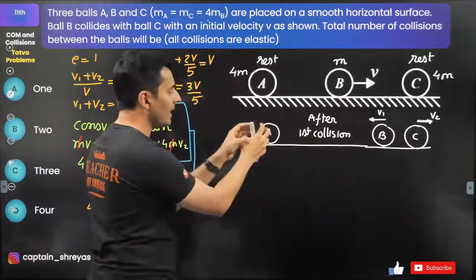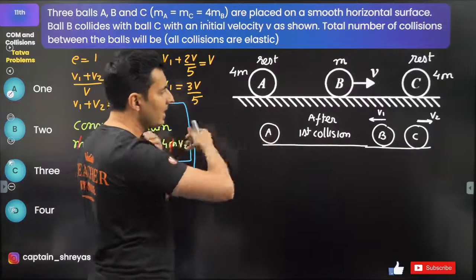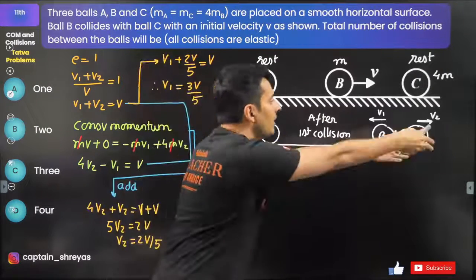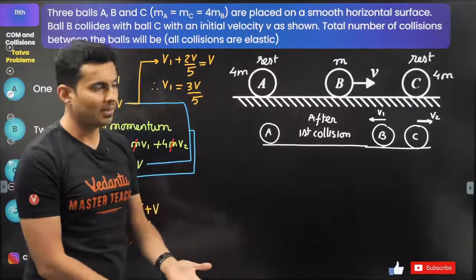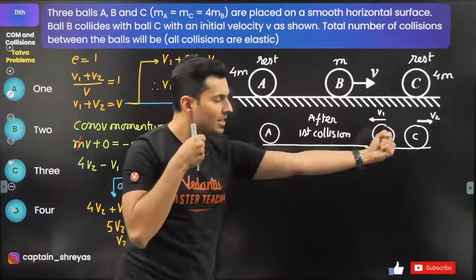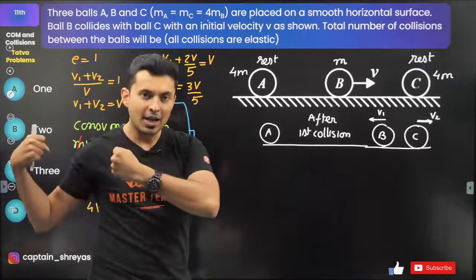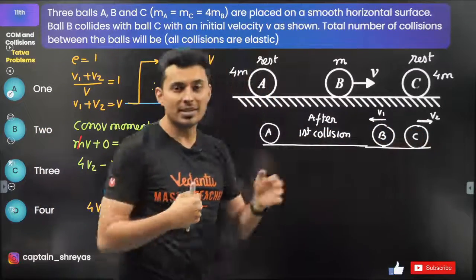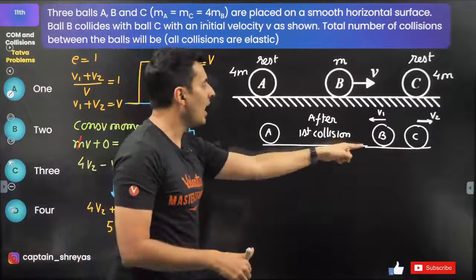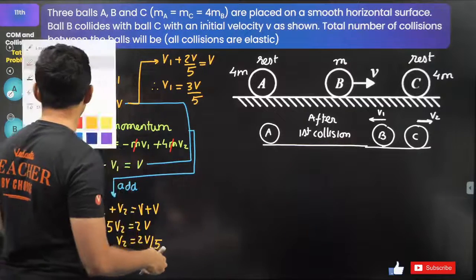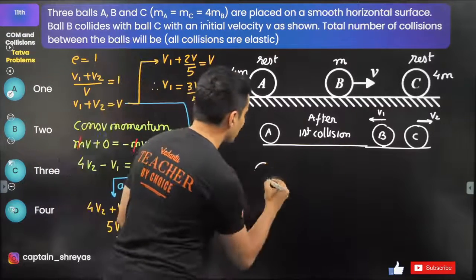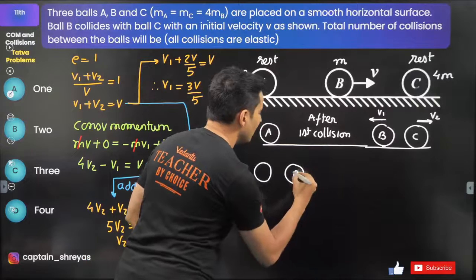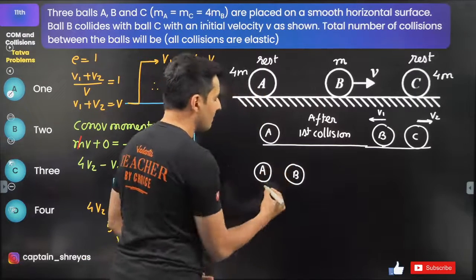Obviously B will hit A, and once it hits A, that's it. It cannot again go and hit C. How can B already hit A and then go with a higher speed, because it has to catch up to C? That is not going to happen. Even if B goes behind, it doesn't really matter.